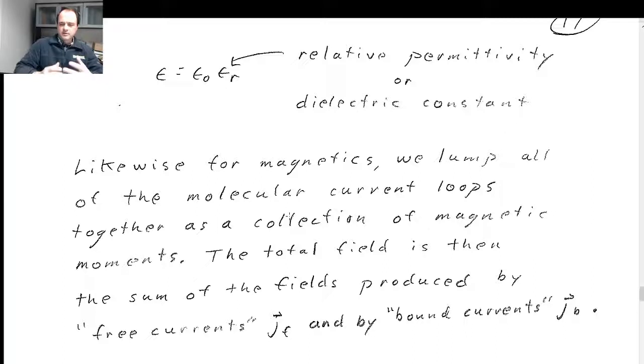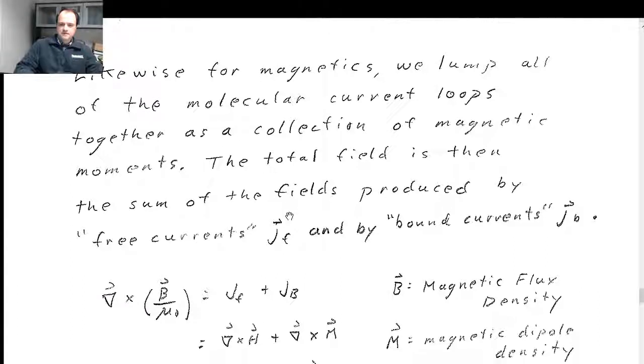We model the magnetic behavior of materials by looking at an array of these circulating electrons around their nuclei. The total field is then produced by any free current in the material that's not a result of the motion of electrons around nuclei, and by the bound currents, the current produced by the electrons rotating around the nuclei.